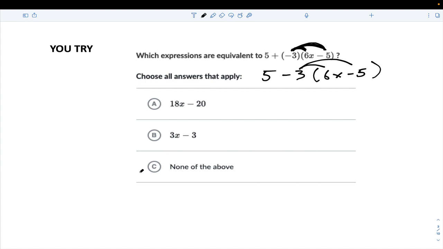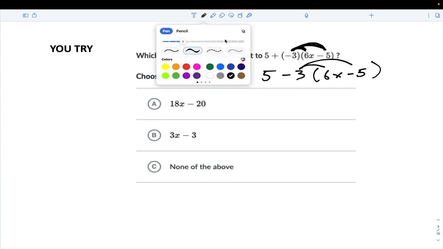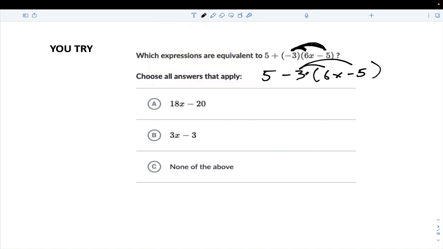You actually times 3 by 6 and you get 18 and you get negative 15. Try it again. Negative 3 times negative 5 is what? 15 positive.